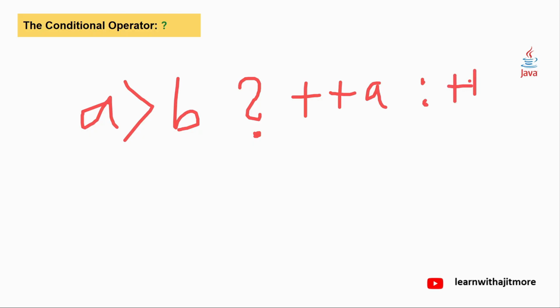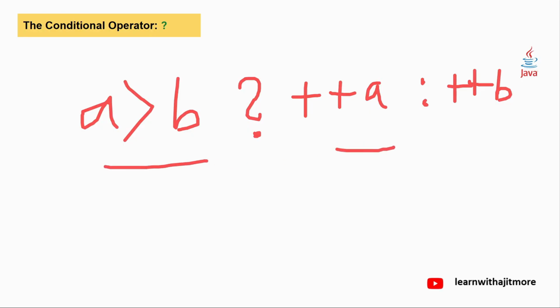What do you think, after the operation is done, are both incremented? Only one. It depends on the condition. If the condition is true, A will be incremented, otherwise B, but not both. This proves that the evaluation is not happening fully.